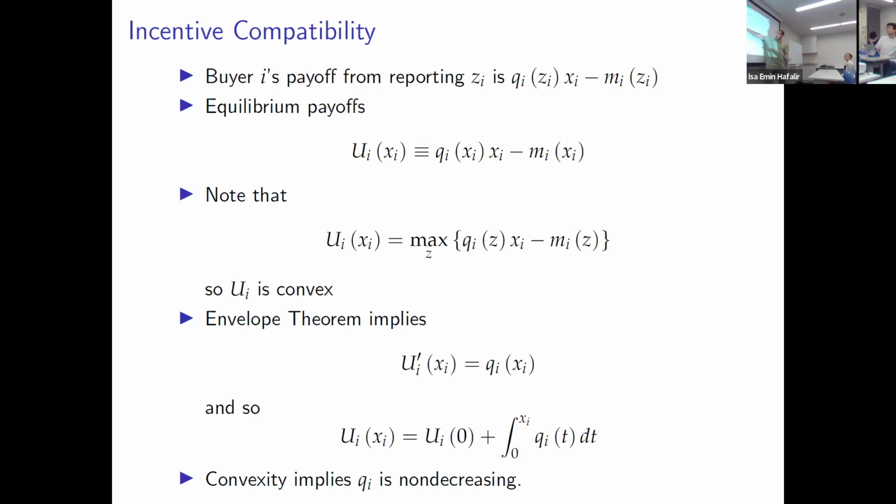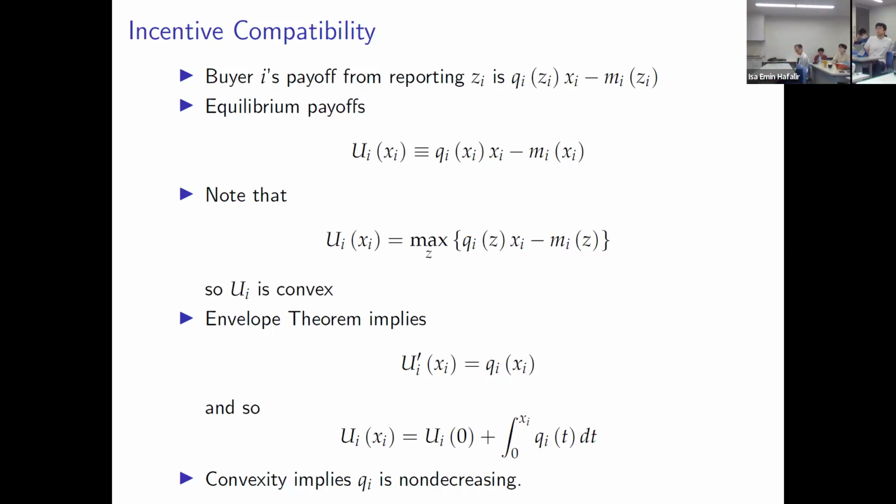Since this function is a maximum of affine, or a fancy way of saying linear, functions, that function is necessarily convex, and also it's called absolutely continuous.